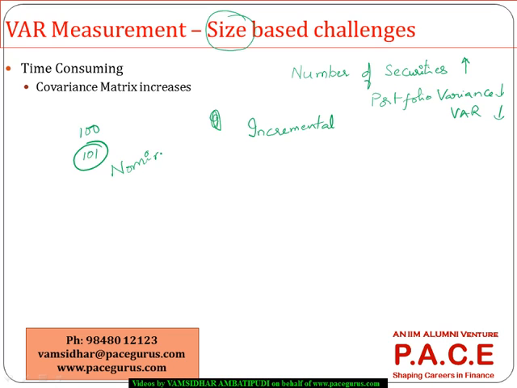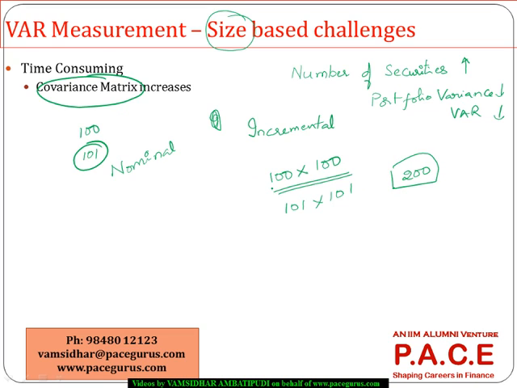And on the other side, the covariance matrix grows very much, because earlier with 100 securities the covariance matrix is just a 100 by 100 matrix. Now it becomes a 101 by 101 matrix, where 201 new elements are getting added, because this requires only 10,000 elements, whereas this requires 10,201 elements.